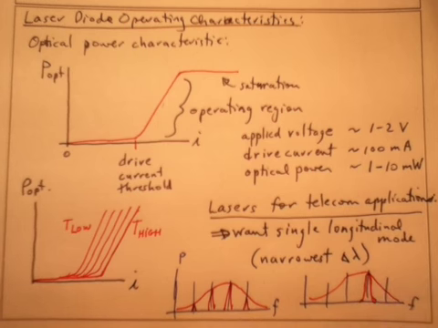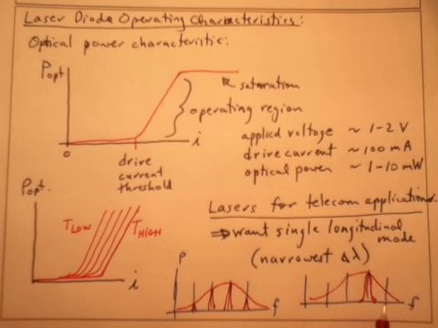What we use to do that, generally speaking, is to vary the mirrors that are used on the sides, so that they only become very good mirrors at one of these wavelengths. We do that effectively in what's called a distributed feedback laser diode.